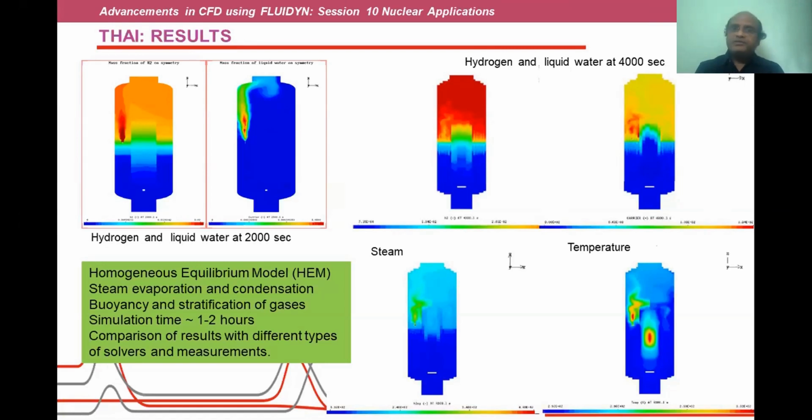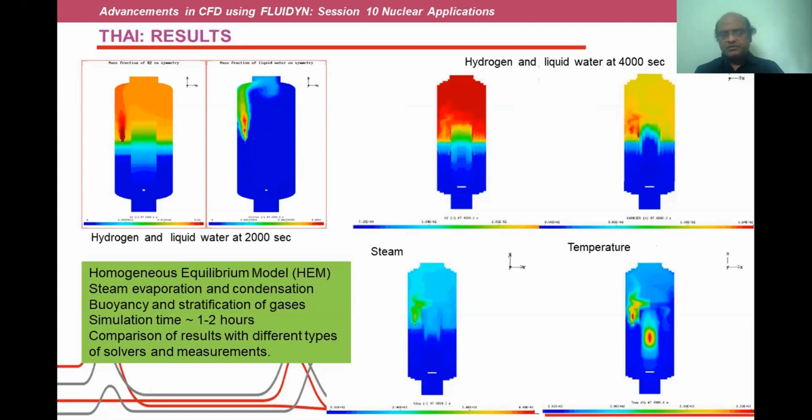Hydrogen is a very light gas, so as it comes out in an open environment, it goes up due to buoyancy. But in a containment, it may go to the top and may mix with the surrounding air and form a reactive mixture. If there are any pockets of this reactive mixture which are within the flammability limits, it can cause explosion and failure of the vessel.